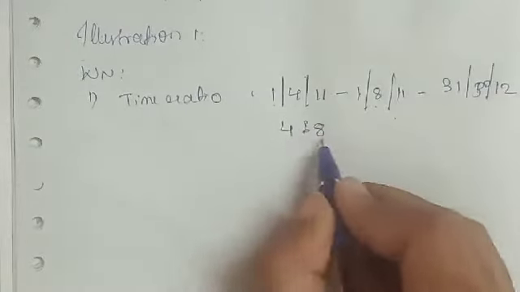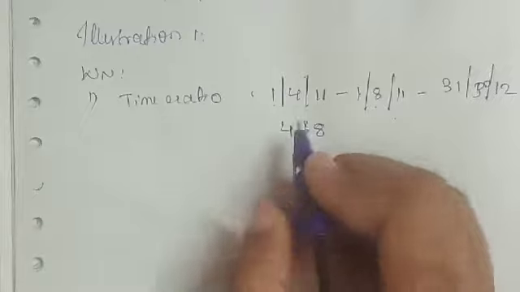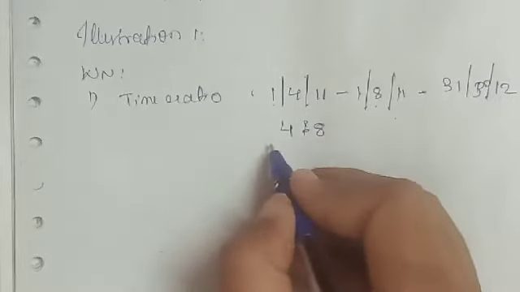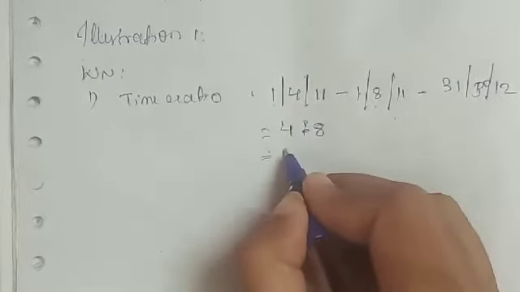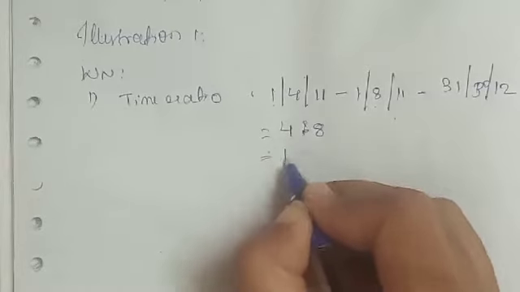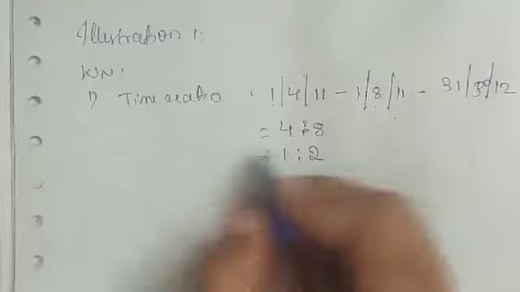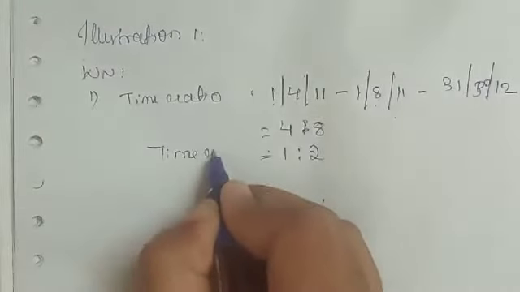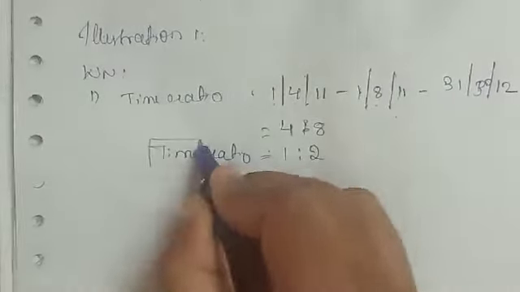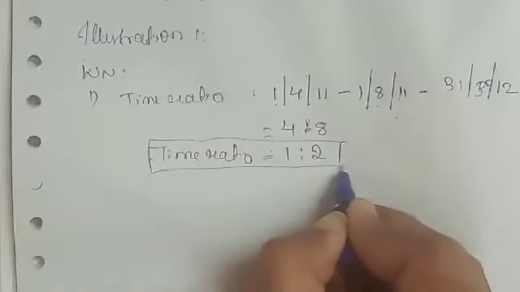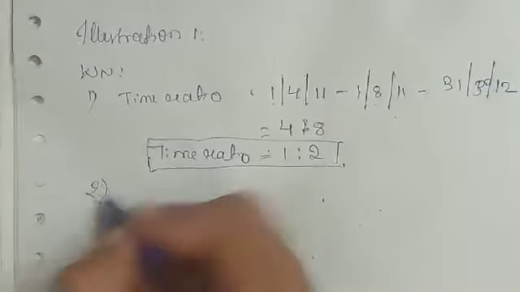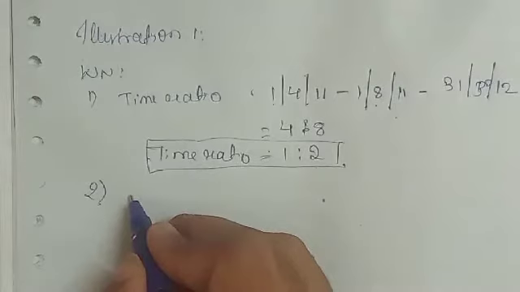Okay, this is the ratio, na? So we are writing it here in the ratio form. Then we can further simplify this, that is 4:8, 1:2. So time ratio for us is 1:2. Got the point?